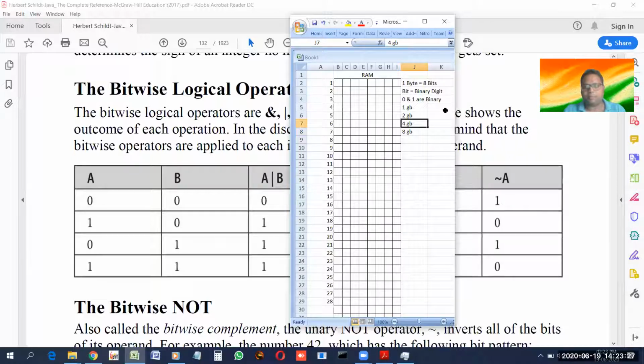But if you're purchasing a costly machine or heavy machine, heavy meaning a high performance machine, then you'll get 8 GB of RAM. Even 16 GB of RAM also comes. 32 GB is also getting common day by day. These machines are very costly and have a high performance ability.